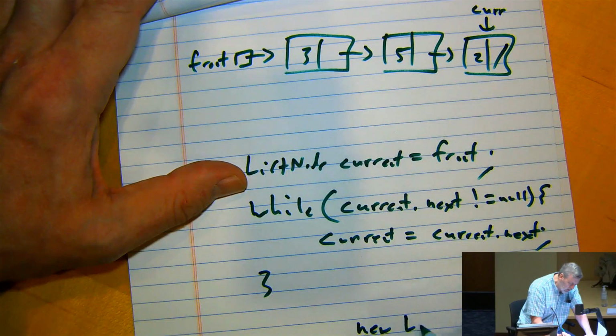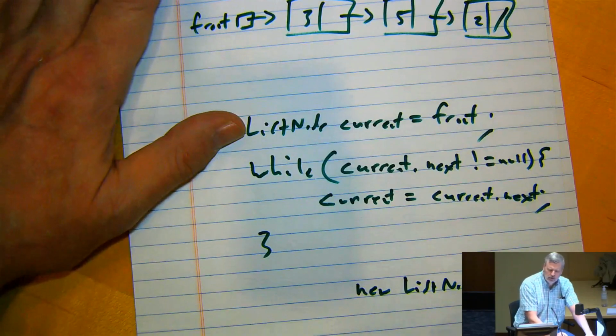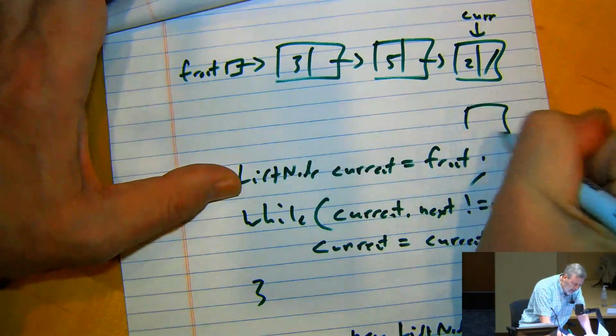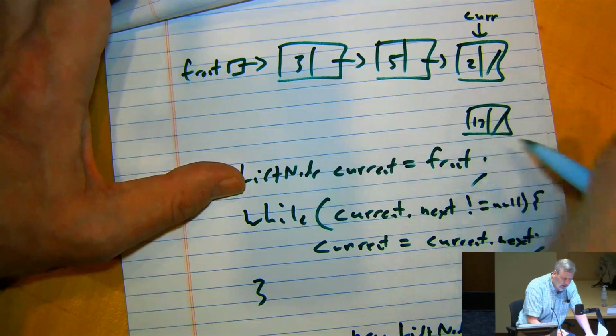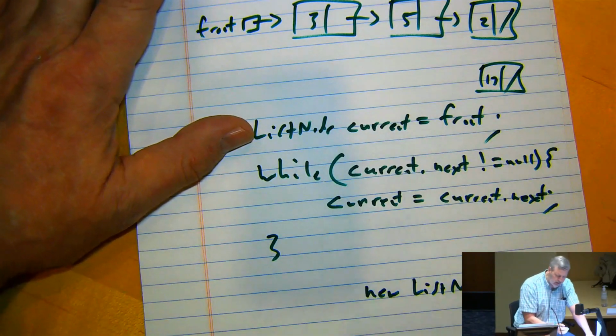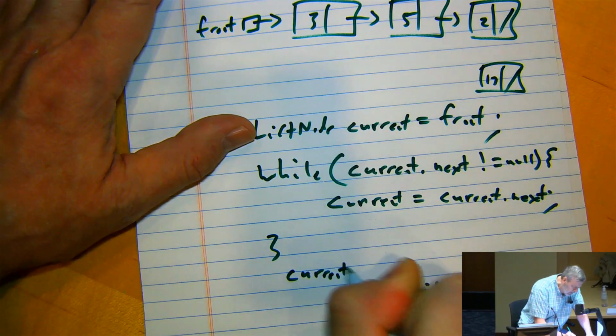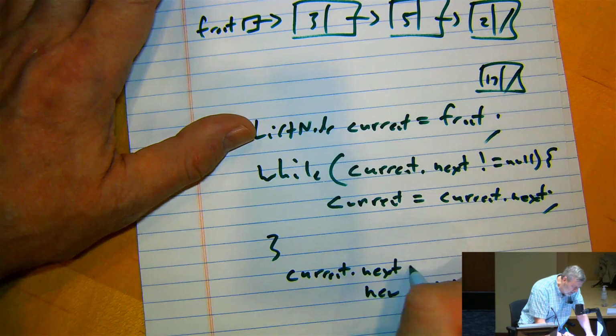And after the loop, if we stop with current being positioned here, I'm still going to make a new list node that's got my value, my 17 in the example that we were talking about. I'm going to ask for a construction of a brand new node that's got the 17 in it. So I still want to do that. But then what am I going to want to do with the reference that's returned? I'm going to want to set current.next to be that.